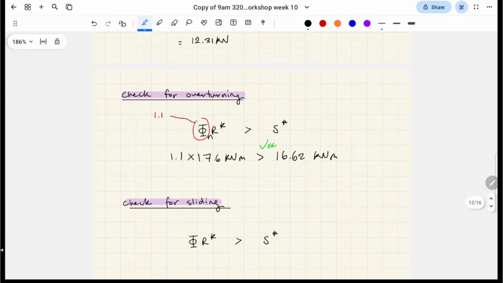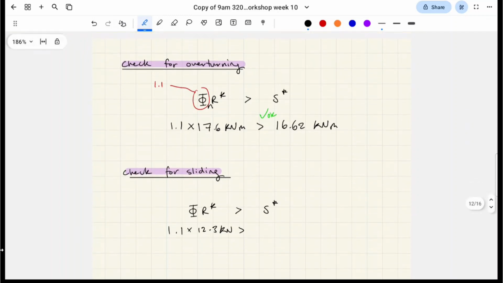Okay, for sliding, we do a very similar thing. That's going to be 1.1, and then we're going to multiply it by 12.3 kilonewtons, okay? So, yeah, 1.1 times, that's basically our frictional force, right?